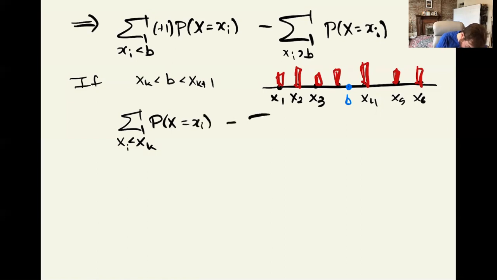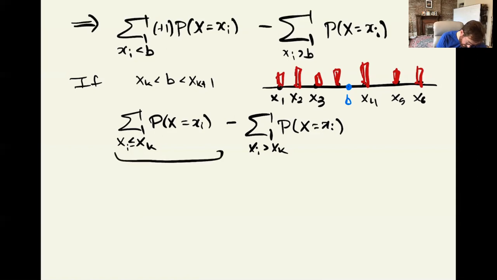And then I'm subtracting the sum of the probability of X equaling xi for xi strictly greater than xk. And I can make that an inequality because I'm assuming b is between these.